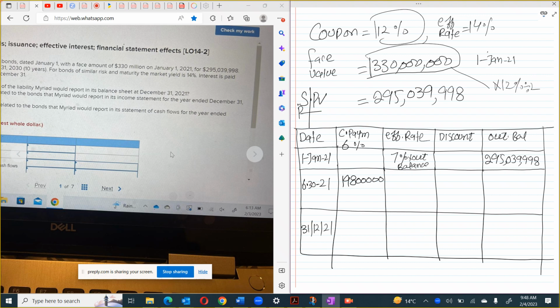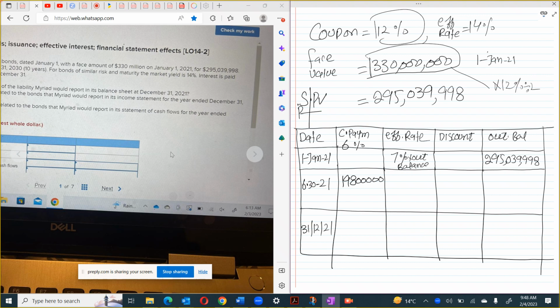So the next amount is 7164. What does it show? I think it did it by itself, automatically. Let me check again. You can click the check my work and it will show which one is right and which one is wrong.